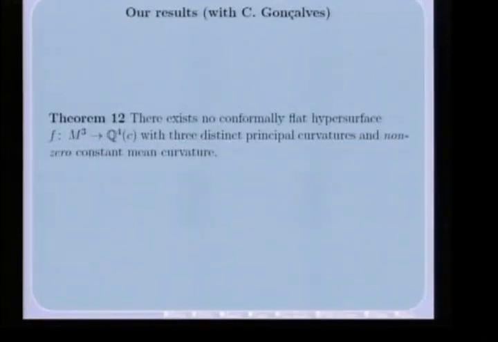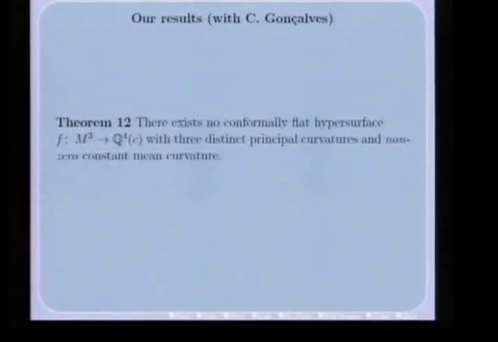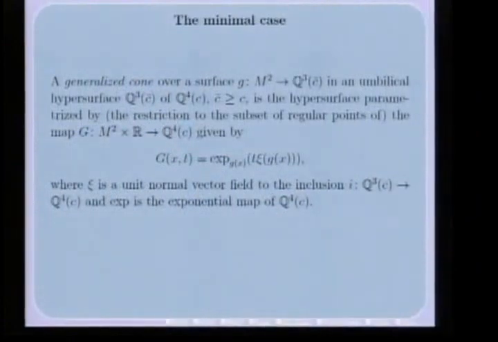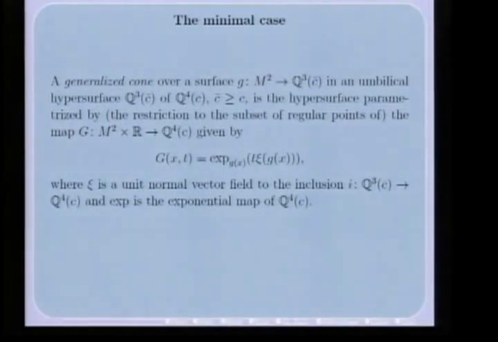Well, at least one example we already know, a cone over a Clifford torus. So it might be a good conjecture whether it's the only example or not. Until now, this is the only example I know. And in fact, this example can also be adapted to any space form by means of the notion of a generalized cone. What I mean by a generalized cone is just a hypersurface that is generated in this way.